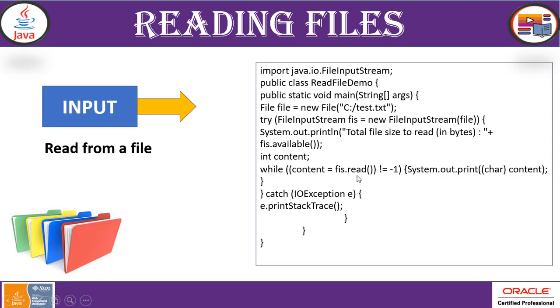So all you need to read the file, the pointer will read and move the pointer until it is reaching the -1 of a file. So that will be the end of the file content. So we need to put it in a condition, and once this is done, the content will be read and presented in an output. So all we need to understand is that there are two modes of a stream, input stream and output stream. In case of input, we are reading from a file, and for output, we are writing in a file.